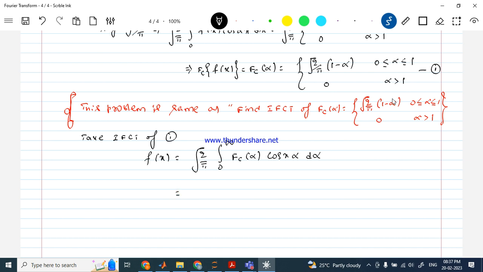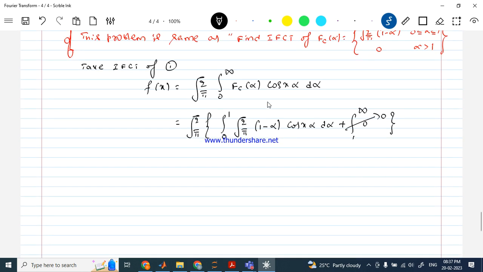And how is this function defined? It is square root of 2 by pi times, from 0 to 1, the function is given by square root of 2 by pi into 1 minus alpha cos x alpha d alpha, plus from 1 to infinity, the function is given by 0. So the value of this integral becomes 0.